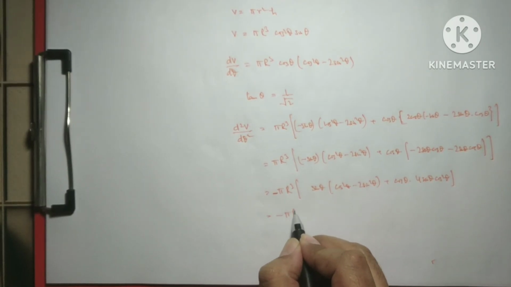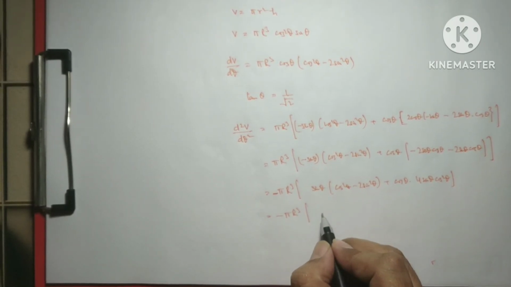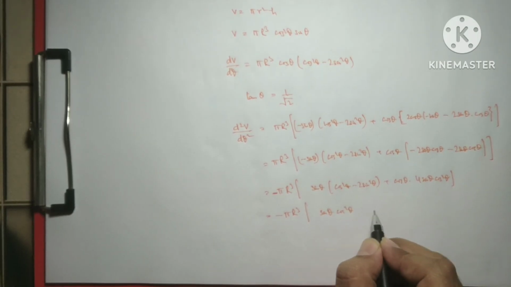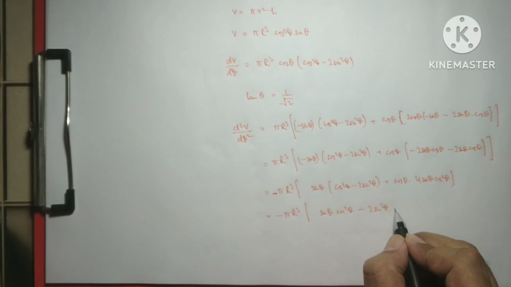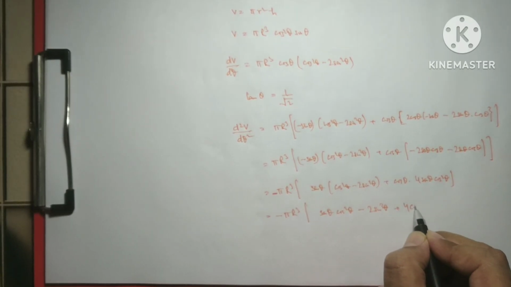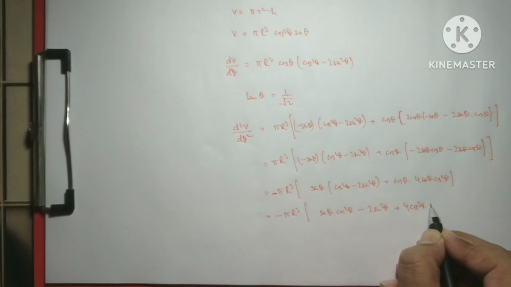So minus pi r cube, sin theta cos square theta minus 2 sin cube theta plus 4 cos cube theta into sin theta.